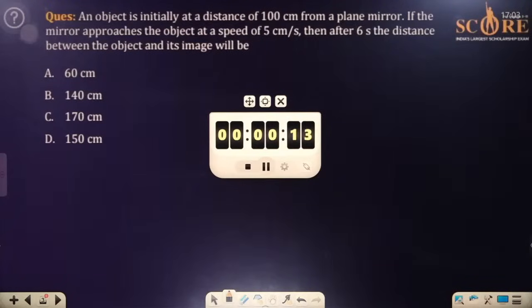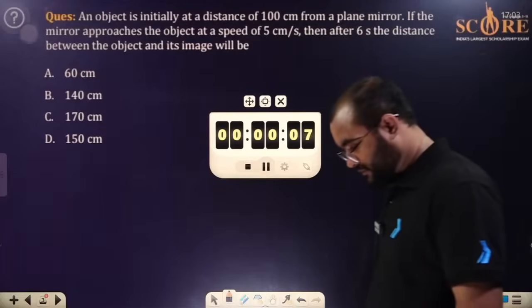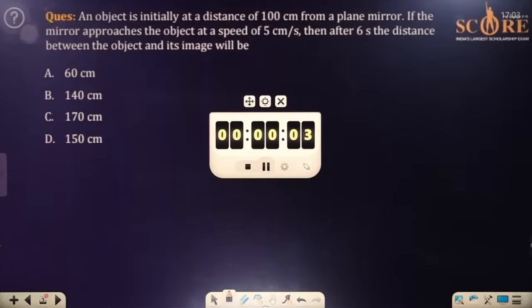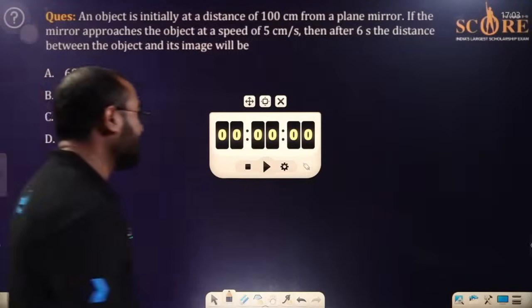A very simple question. The time's up, people.